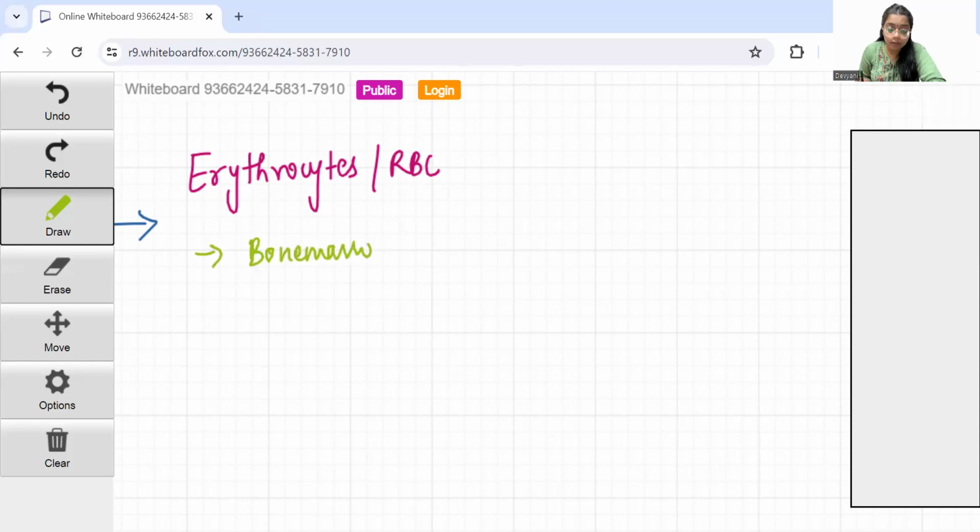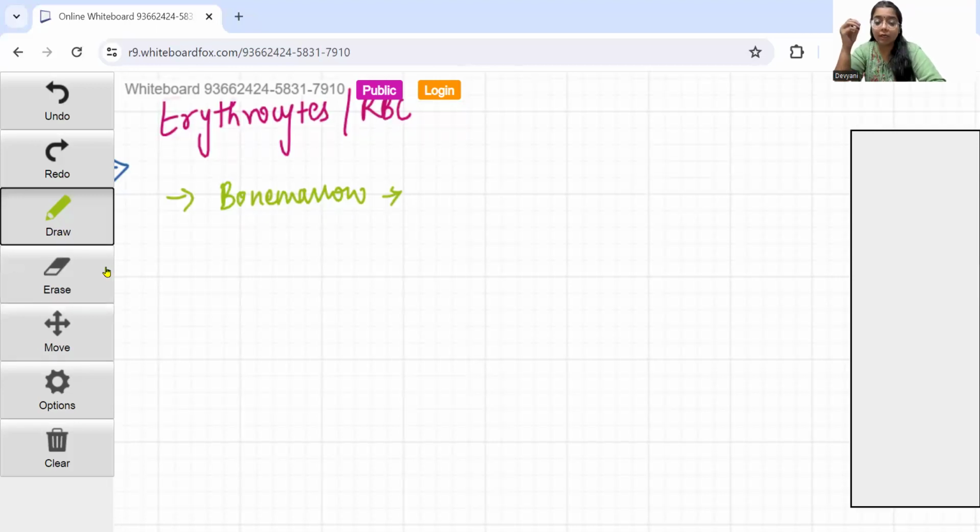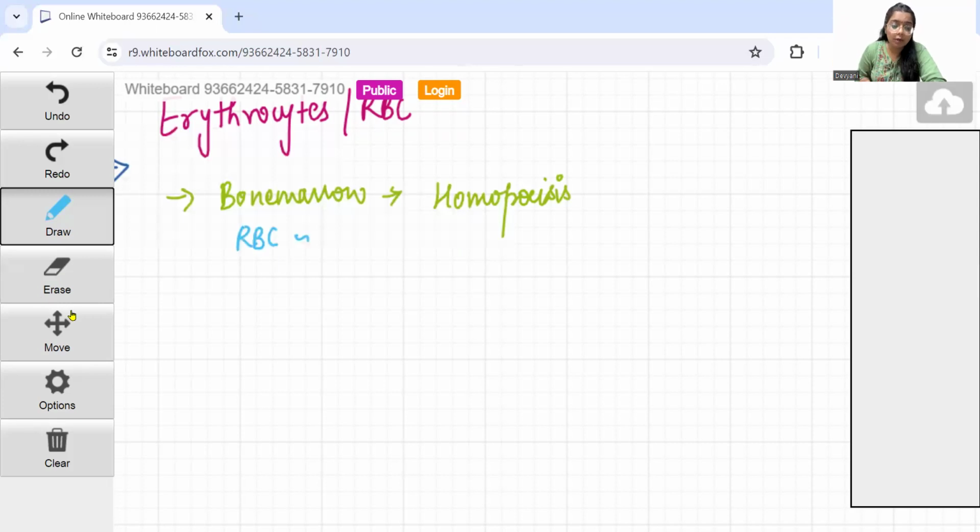So bone marrow is involved in the formation of blood cells. The formation of the blood cells in the bone marrow is known as hemopoiesis, right? And if the formation of RBC is there in the bone marrow, then we call it erythropoiesis, right? This is really important.